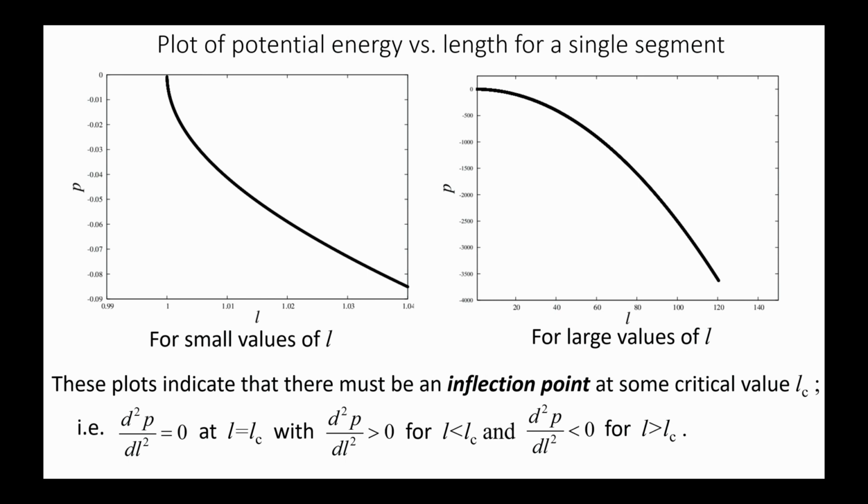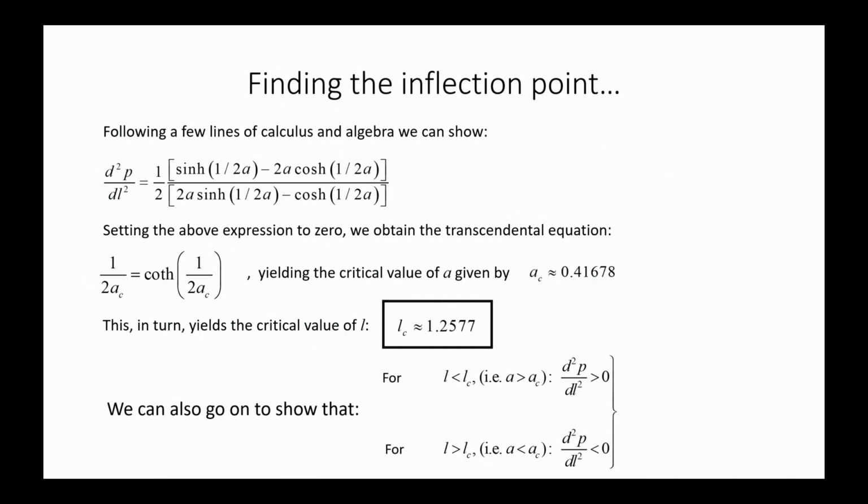It starts as a concave function, and then at some point it becomes convex. So the left side is for small values of L, the right side is for large values of L. That indicates that there must be an inflection point somewhere when it transitions from concave to convex. So it turns out that the double derivative of the potential energy with respect to length can be expressed in this form as a function of A once again.